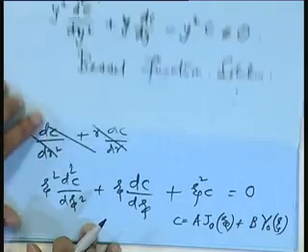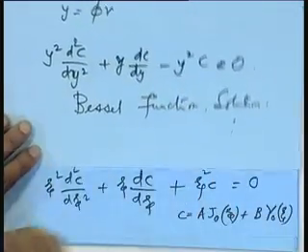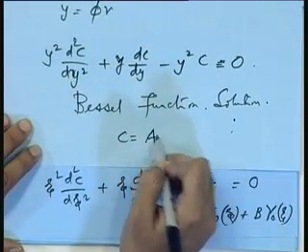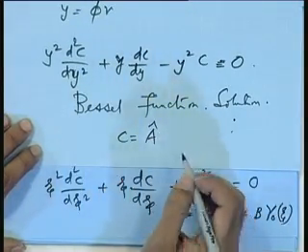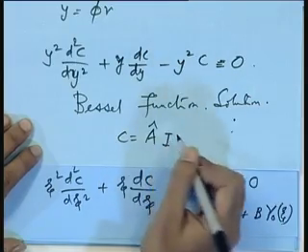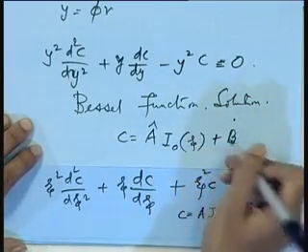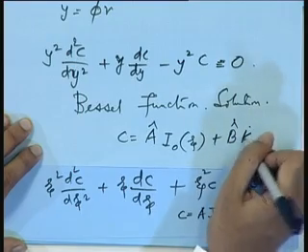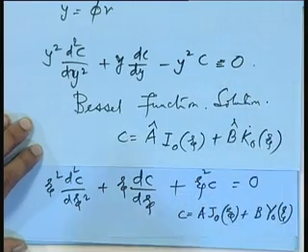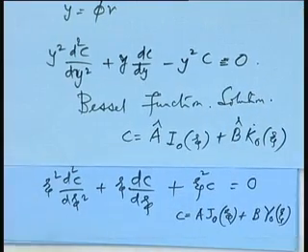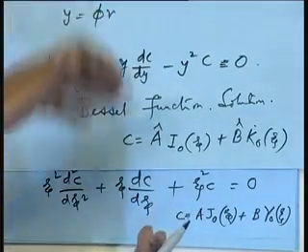This is the solution, and then the solution for the other one would be, therefore, C equals some A hat, what would be? I and K, I naught and K naught. So, these two solutions are possible. Either you write it in this form or that form.